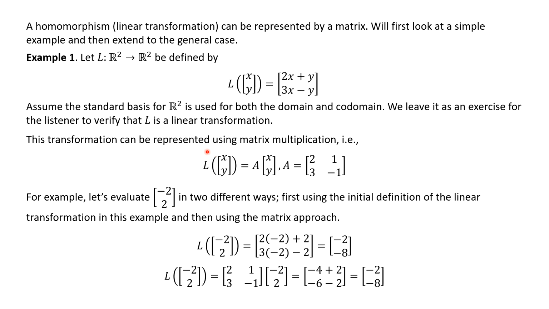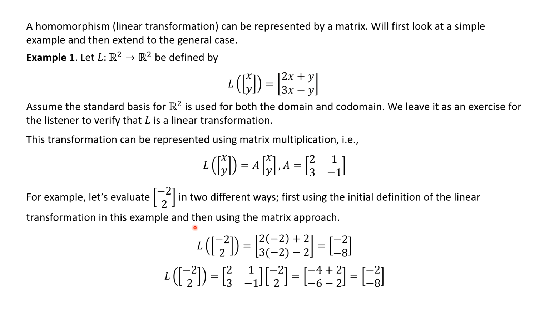My claim is we can represent this linear transformation as A times the column vector (x, y), where A is [2 1; 3 -1]. I'm just taking the coefficients from our definition here.